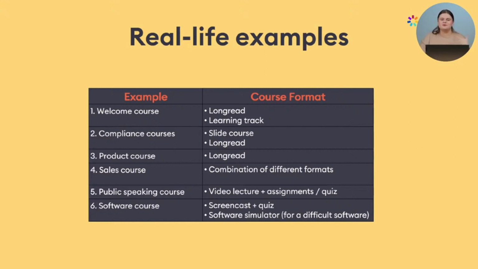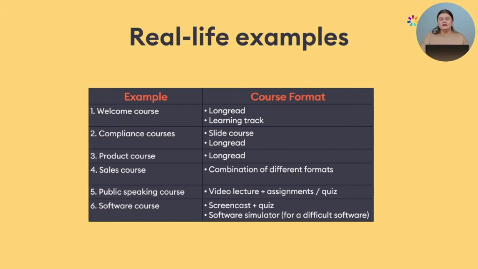Similarly, courses on personal performance, such as emotional intelligence, public speaking, and Excel skills, require different formats. For public speaking, practical assignments allow participants to apply learned techniques. Topics like emotional intelligence can be effectively conveyed through long reads, providing in-depth exploration and reflection.